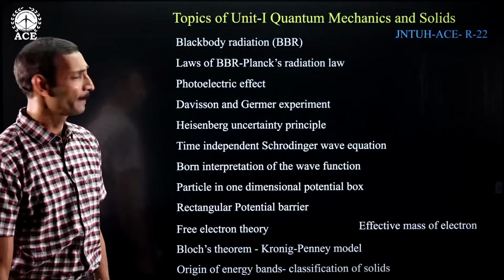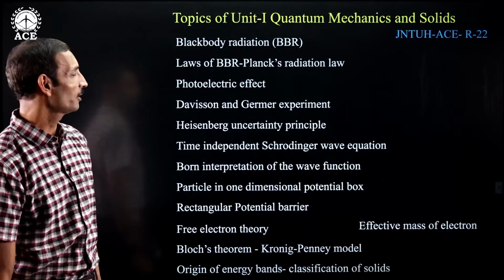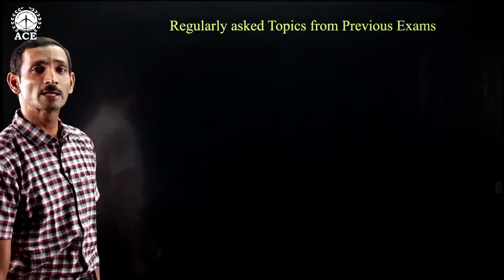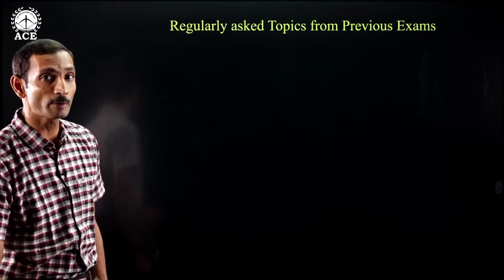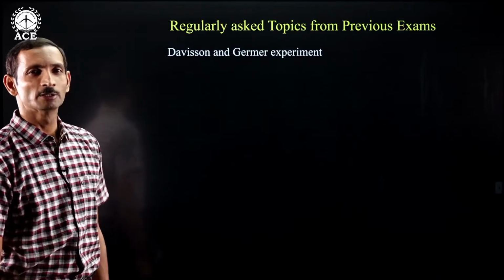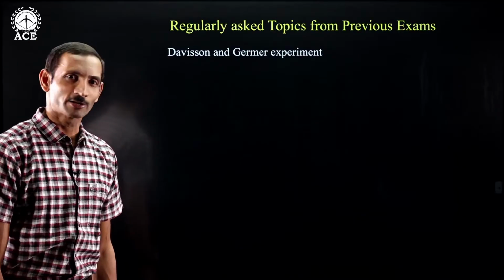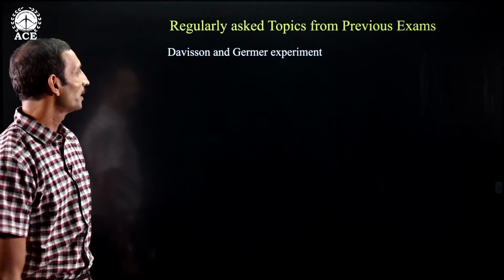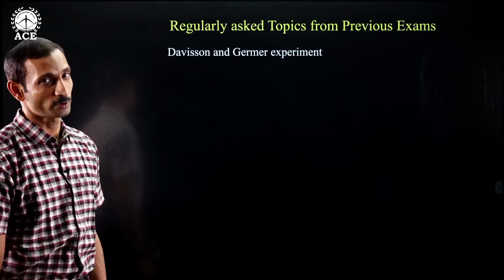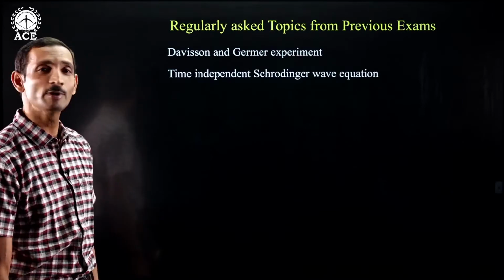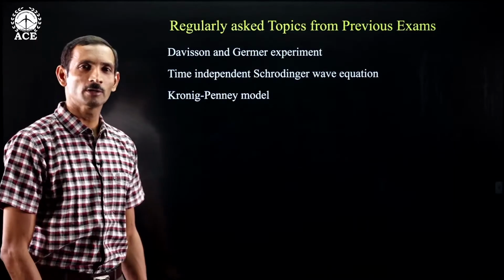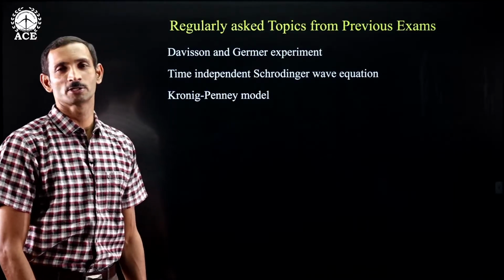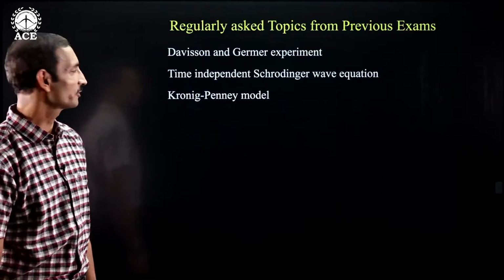Generally, there are a few topics that are regularly asked in the examination, not all of them. All the topics will not be covered. What are the topics of the examiner's interest? Many a time, the Davisson-Germer experiment is quite regularly asked, and then the time-independent Schrodinger wave equation, and the Kronig-Penney model, which is one of the very important models and concepts of quantum physics.